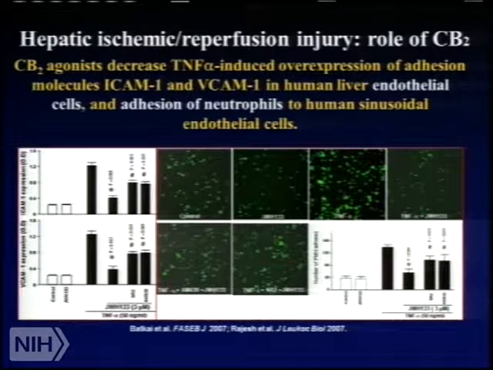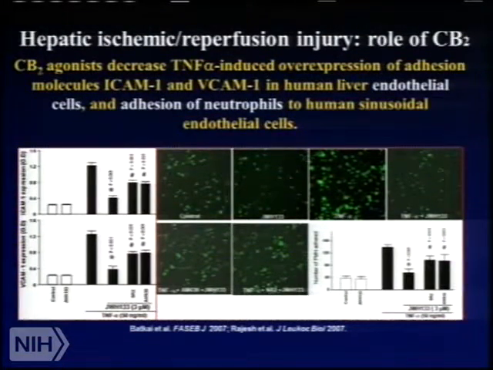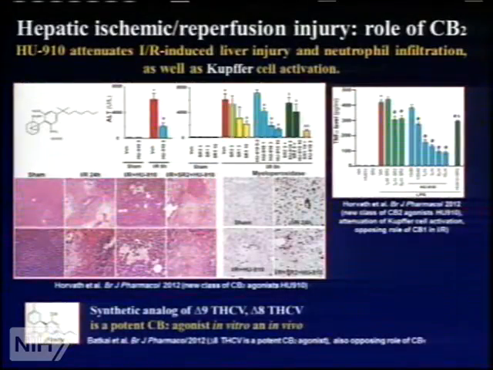And when we take this endothelial layer, stimulate with TNF-alpha and add inflammatory cells, neutrophils, they stick more to the activated endothelium, and this was also CB2 receptor dependent. And here we developed a new CB2 receptor agonist, which is now in clinical development for kidney ischemic reperfusion, kidney disease, and diabetic complications.